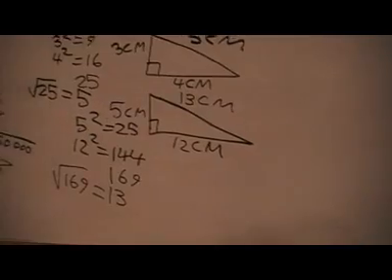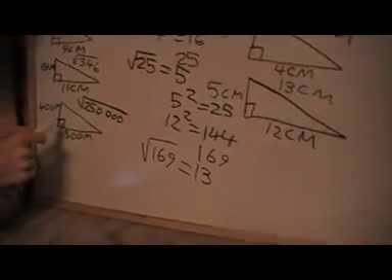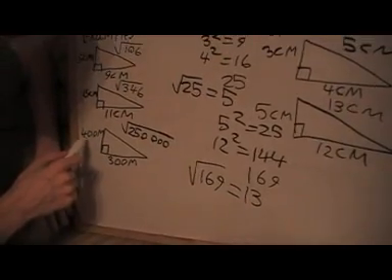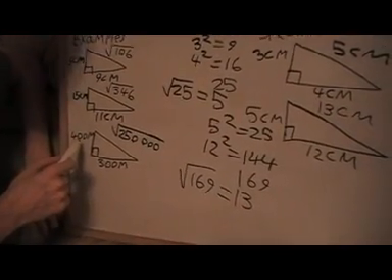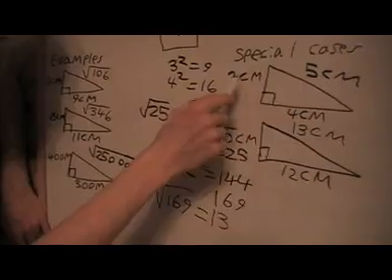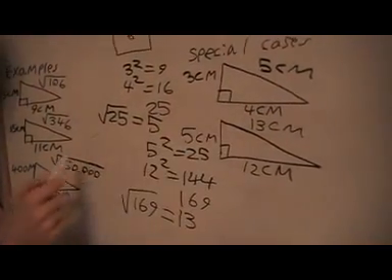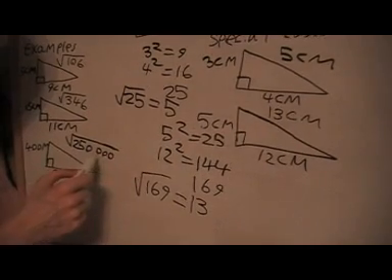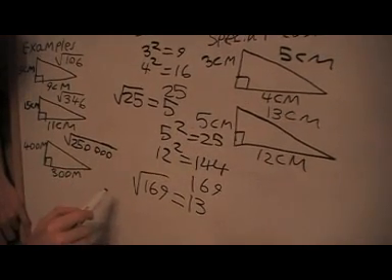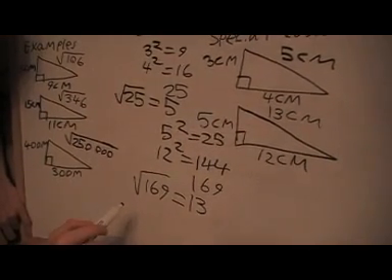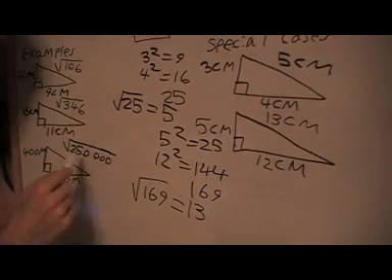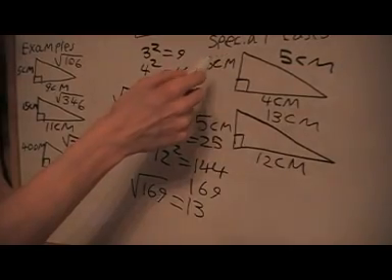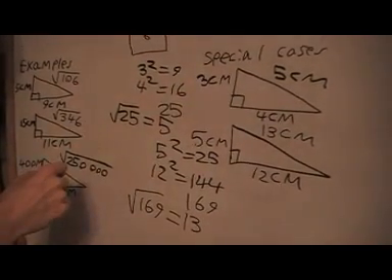This is also a special case because if you notice, these two are multiples of them. So you can find this square root out here on your calculator if you like, and you can confirm that this is also a triplet.